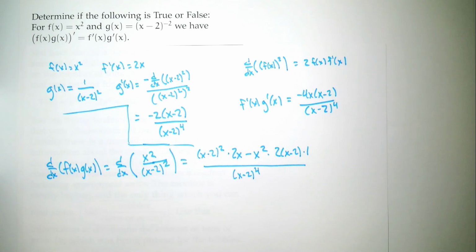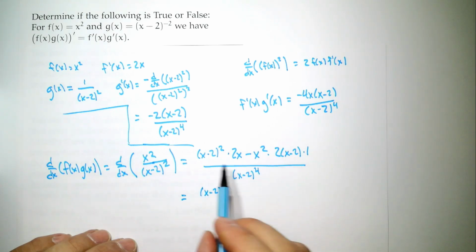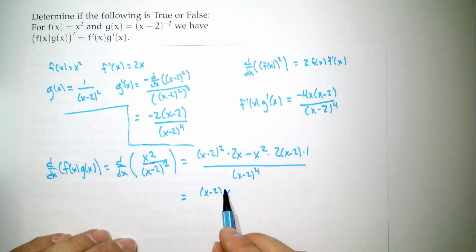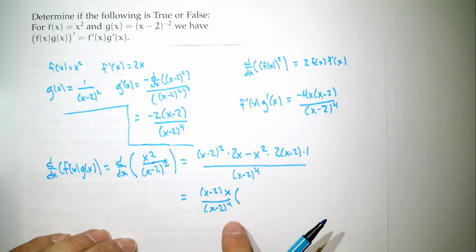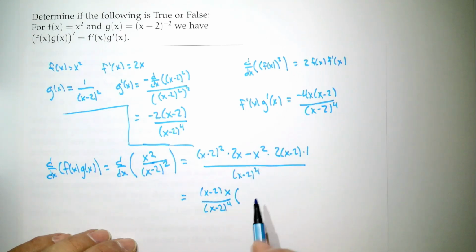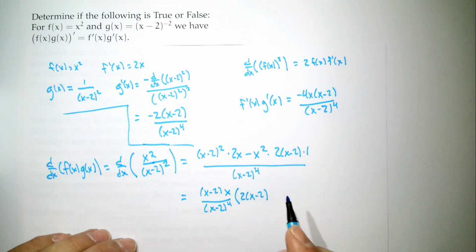Well, what can we do? We can do a couple things. Certainly, we can factor out an x minus 2, because that's common to both. And we can also factor out an x, because that's common to both. Let's see, we have x minus 2 to the 4th. Let's see what's left. From the first term, we have x minus 2, and we have a 2. So that'll be 2 times x minus 2. The second term, we have a minus.